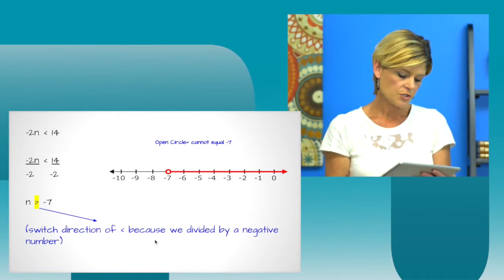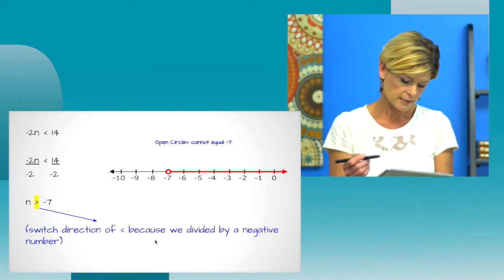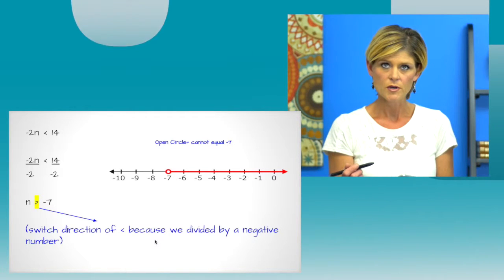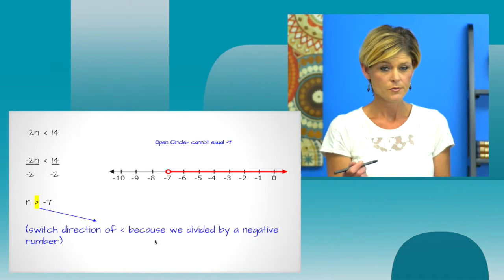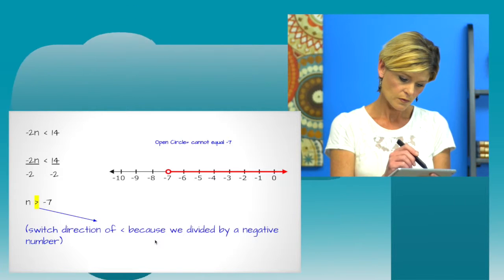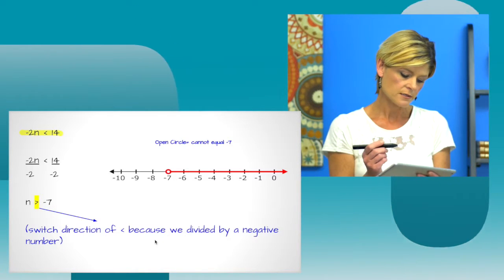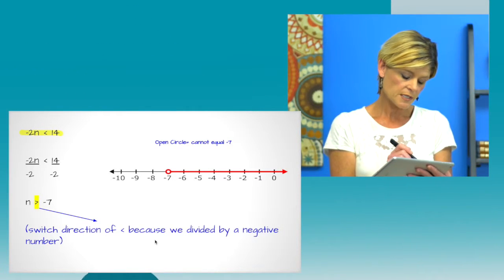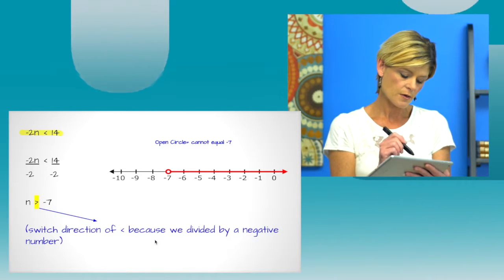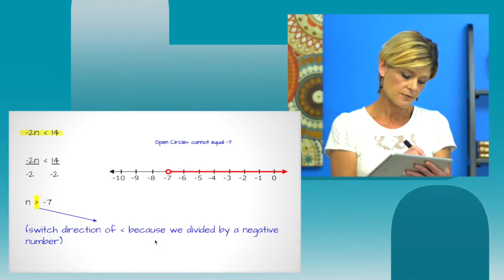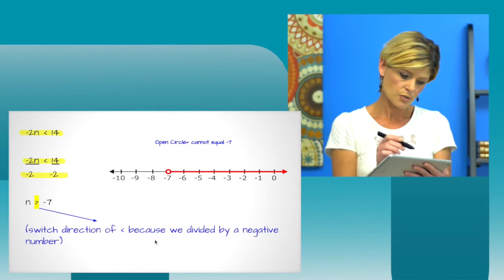Okay, negative 2n is less than 14. Now we're going to look at what it looks like when we divide by a negative number and how we have to switch that symbol. The question reads, negative 2n is less than 14. The first thing I need to do is isolate that variable, and how to do that is to divide both sides by negative 2.